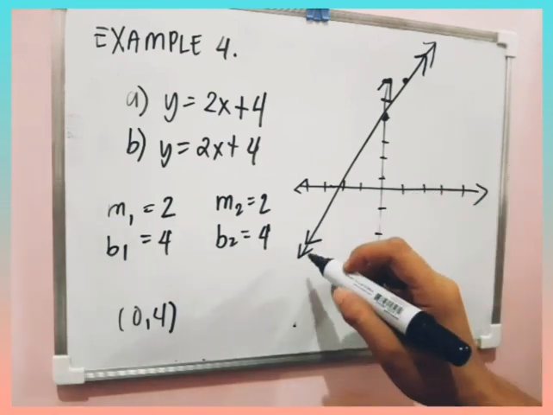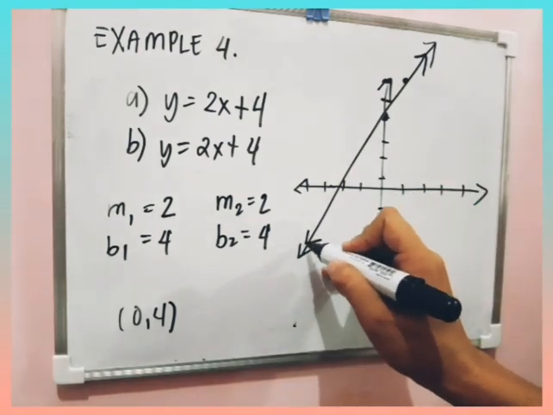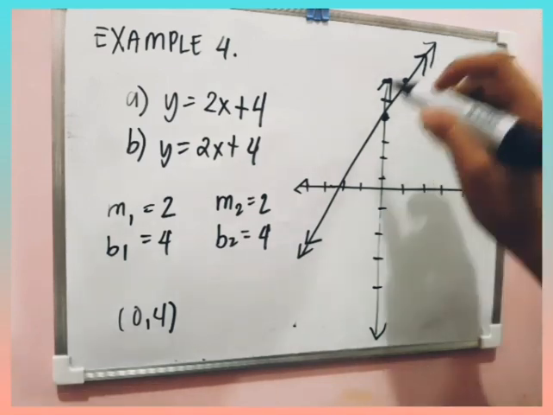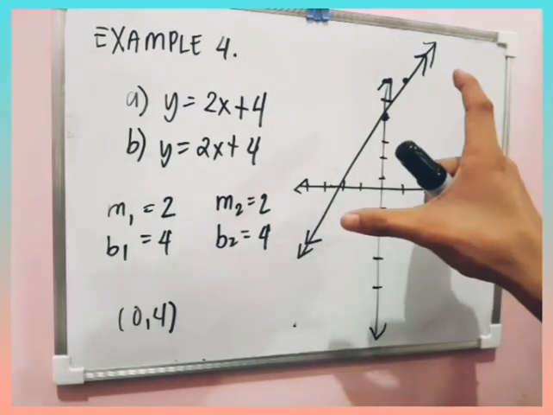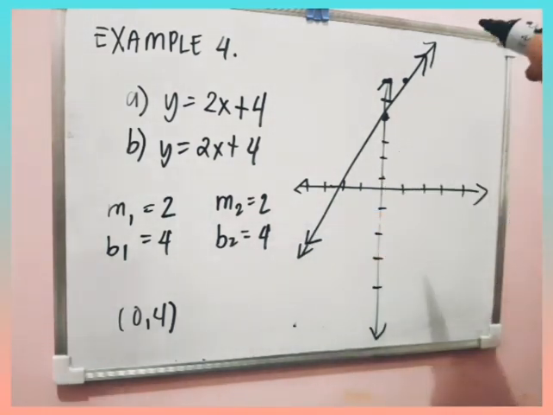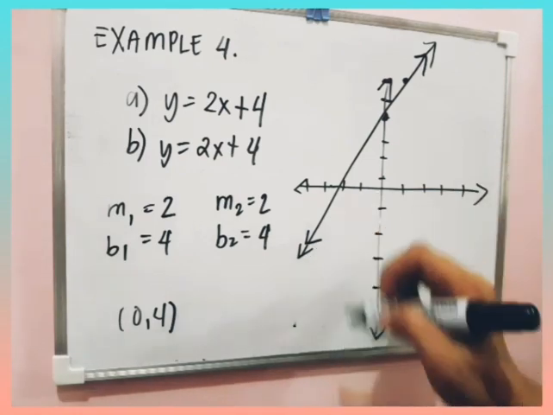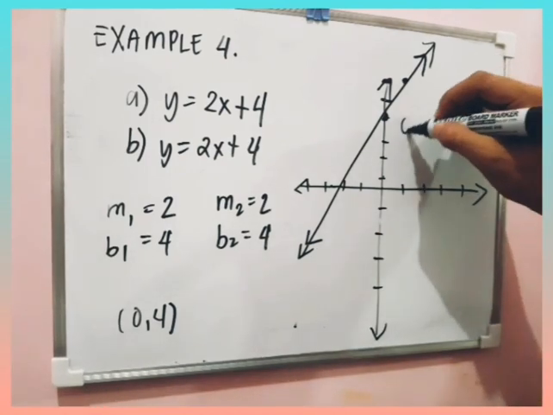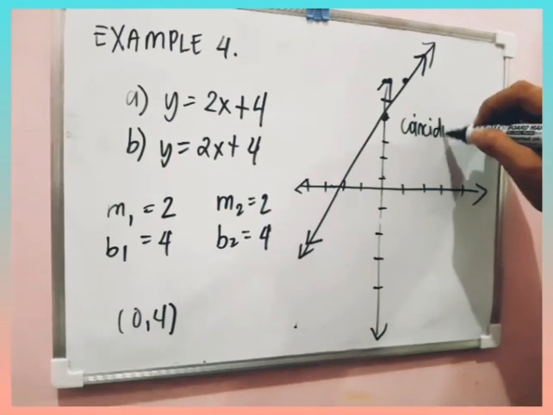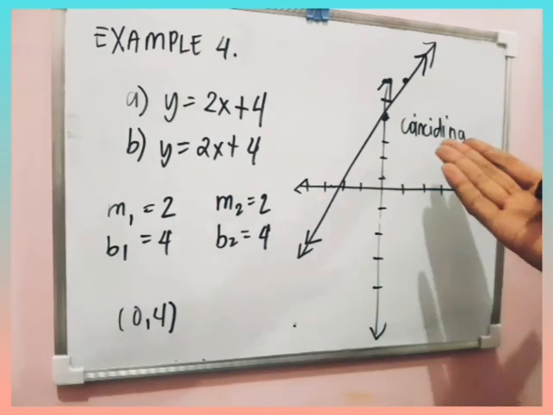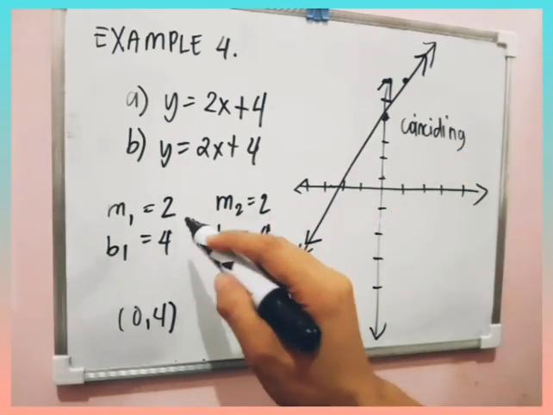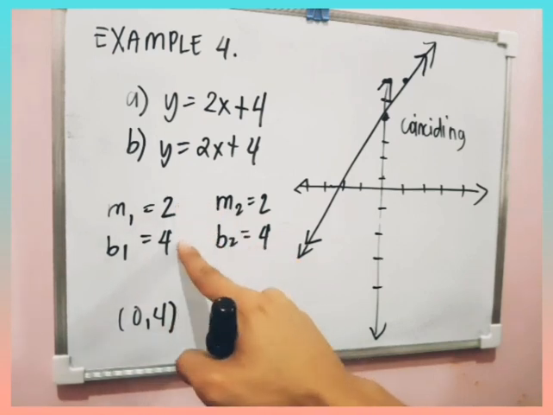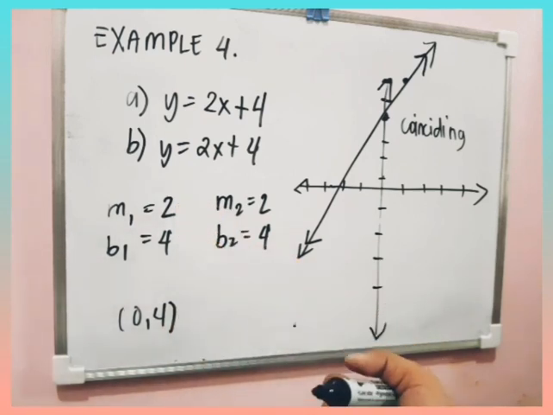Ibig sabihin, the indication lang yan na dalawa yung magkapatong na lines dyan. Kesa magpatong ka ng literal na kulay or na mas darker na black, ganito na lang yung gawin natin. So, ito po yung coinciding. Okay? Coinciding po siya kapag parehas yung slope, parehas din yung y-intercept. Okay?